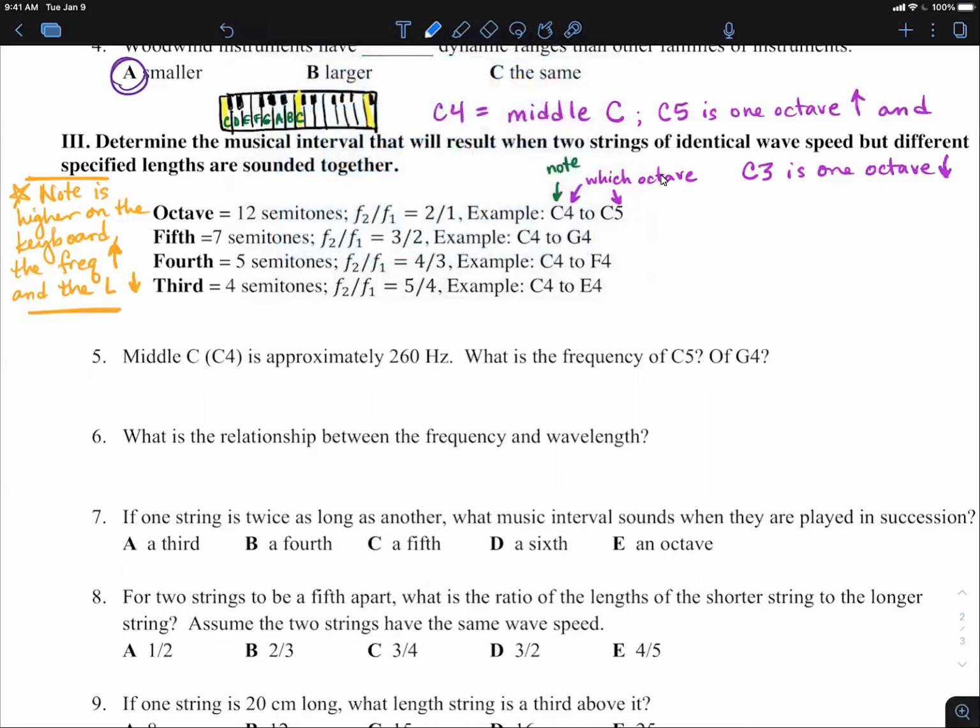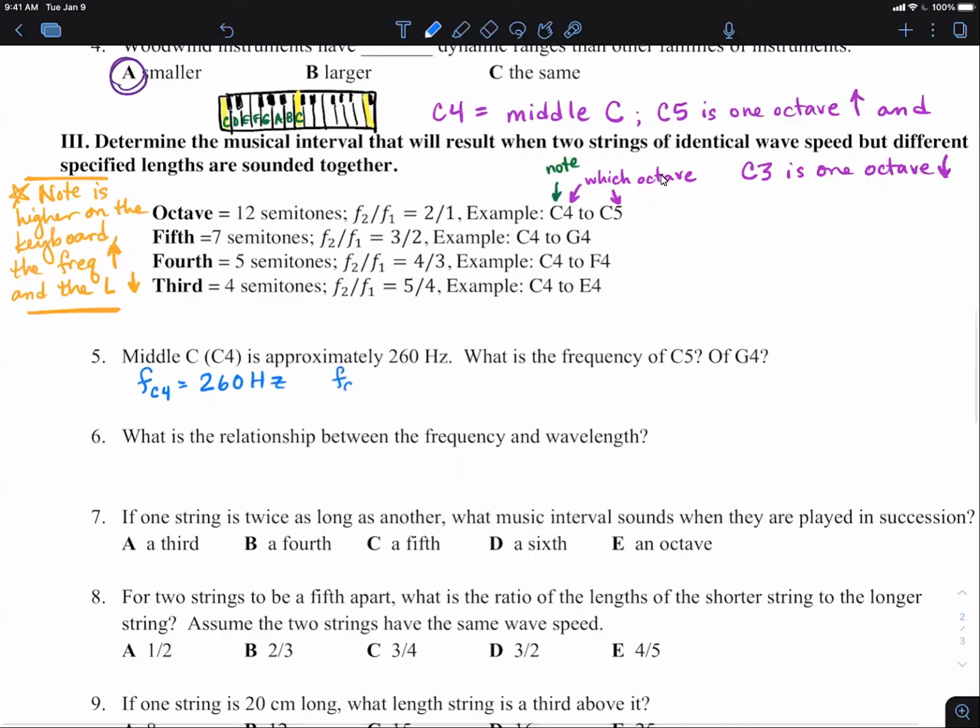Middle C, C4, has a frequency of approximately 260 hertz. I'm going to call that F_C4 in my writing here. The question is, what is the frequency of C5? Well, C5 is 1 octave above C4, so the frequency ratio is going to be 2 to 1.